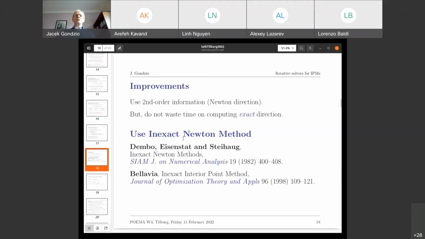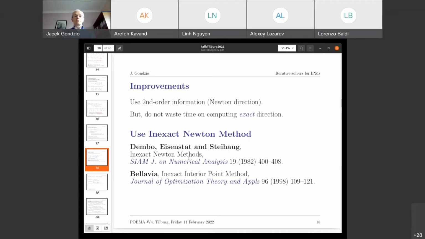We can accept certain control error in it and still benefit from many advantages of the Newton method. This is based on something that is very well known and very widely accepted, an inexact Newton method in a broad context of optimization and solving nonlinear equations.